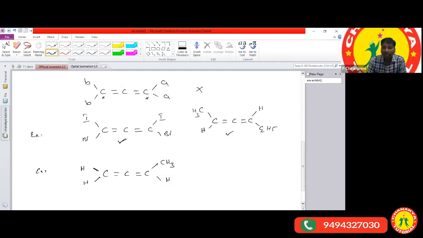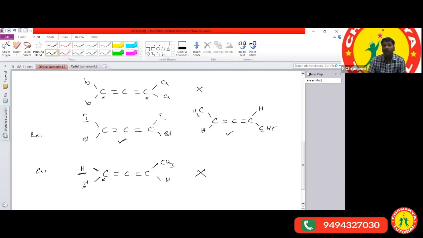Why does it not exhibit optical isomerism? Because the terminal carbon is attached with identical atoms. Whenever it is attached with identical atoms, it does not exhibit optical isomerism. The terminal has to be different, then only they exhibit optical isomerism.